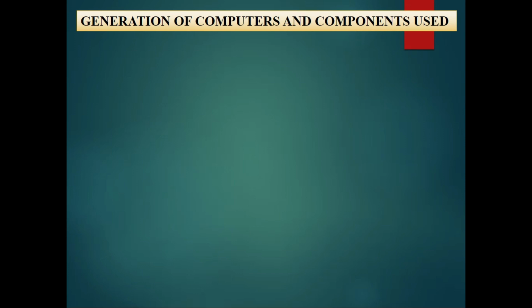Now how the generations of the computer is divided. So let me clear you. Computer generations are divided in 5 generations in the same way as I told you about the generation of your household or your house generation.